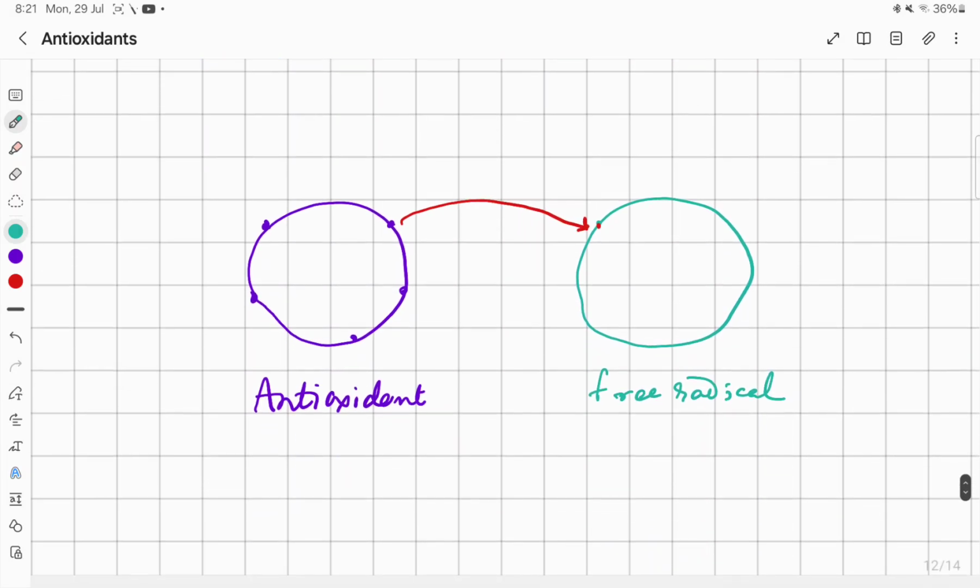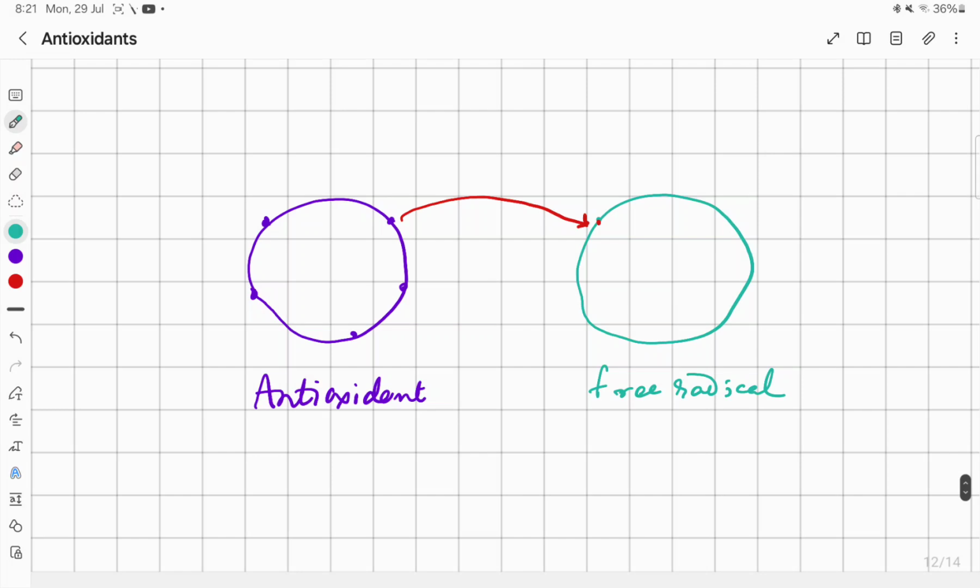So what happens? These antioxidants actually provide one electron from their outermost orbit to the free radical so that it will be paired, and in return the antioxidant is converted to a less reactive species.